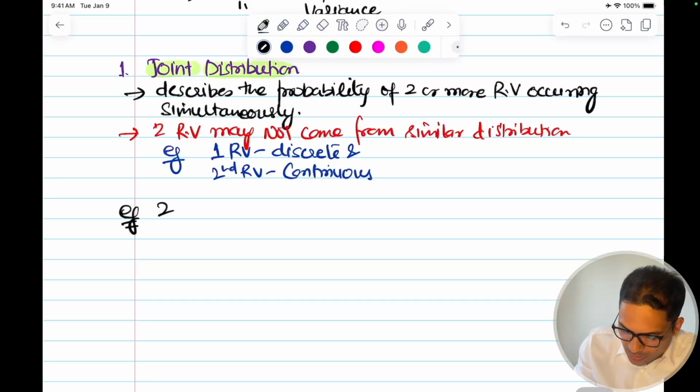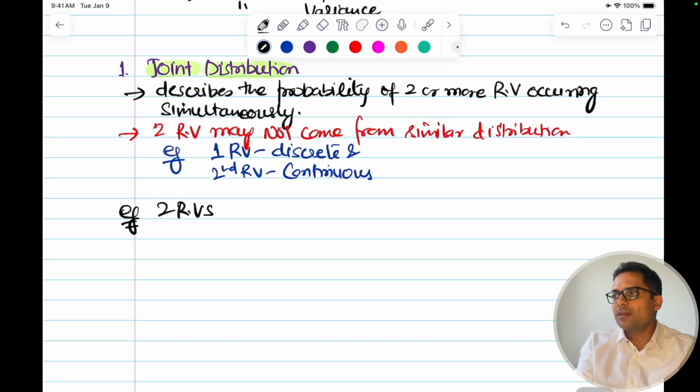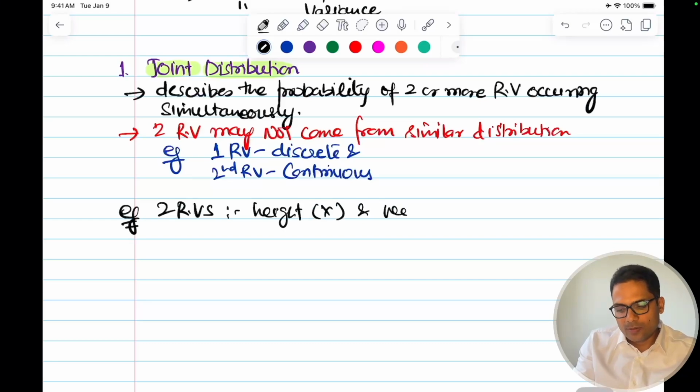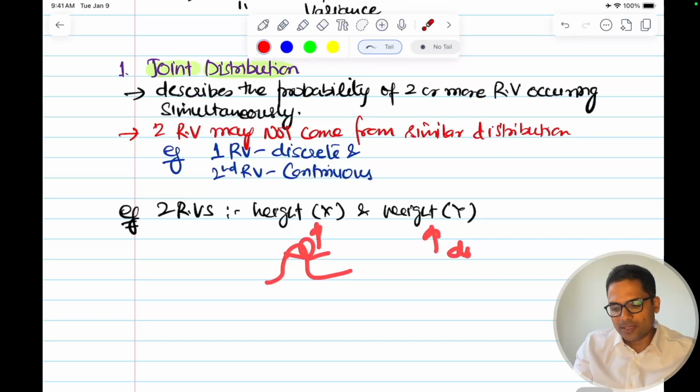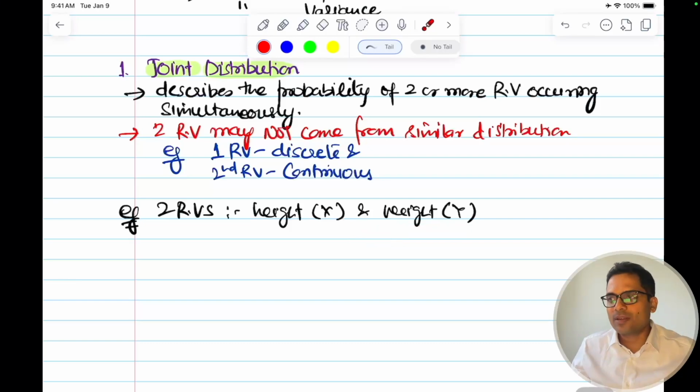For example, two random variables can be the height of a person, x, and the weight of a person, y. We can model the problem any way. Height can be a Gaussian distribution, and weight I can keep as discrete or Gaussian, whichever way. But there are two random variables. The joint distribution tells us the probability of a person of a specific height and weight, that combination.